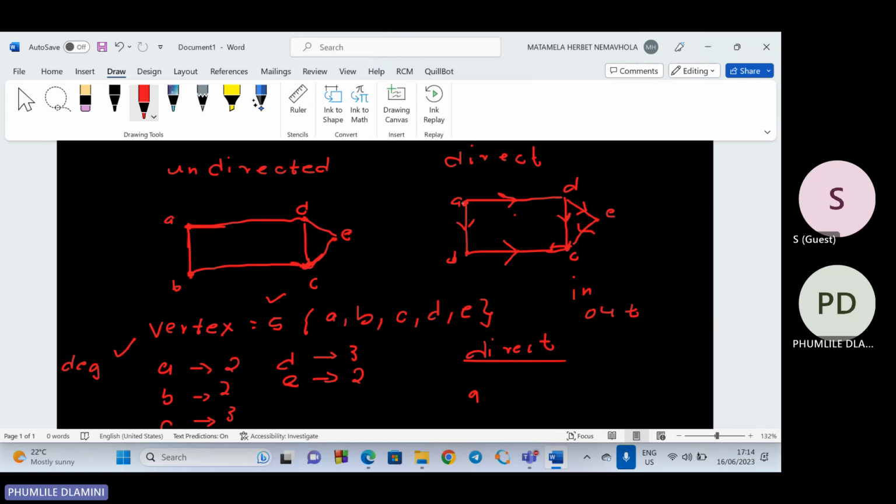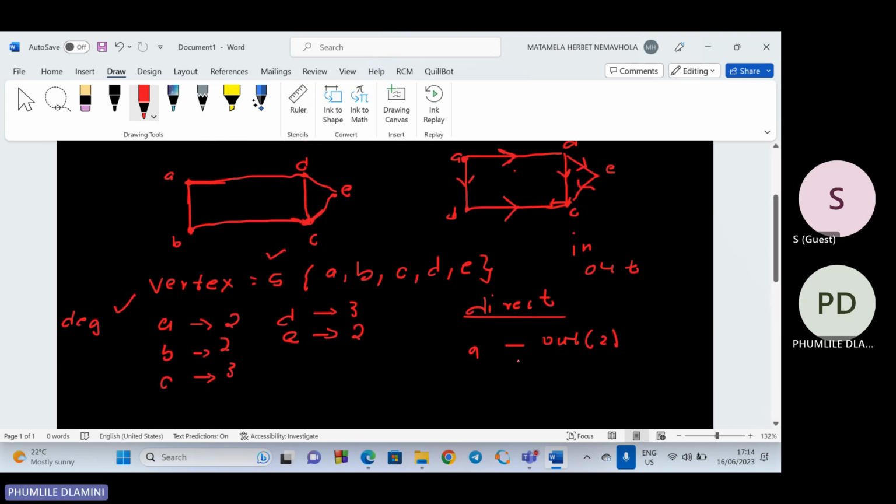that here in this vertex A, the out degree is going out. When the arrow is pointing this way, it means that it's going out of vertex A. So we have two out degree at A. But when we check at this point B here, we have one in degree, which is coming into B, which is 1.